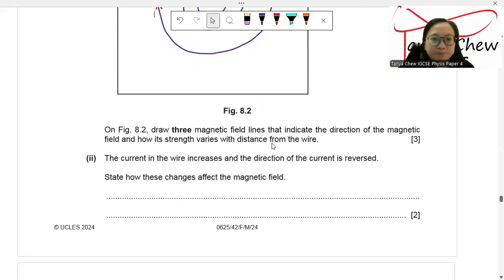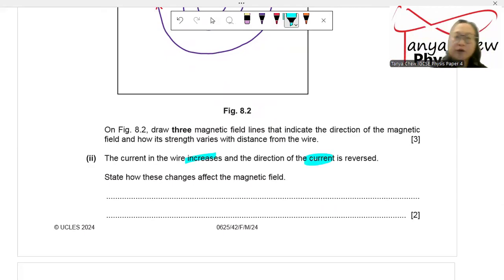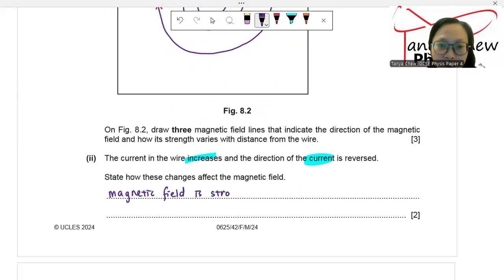Now the second part, the current in the wire increases and the direction of the current is reversed. Instead of current going into the card, current is coming out from the card. State how these changes affect the magnetic field. When the current increases, magnetic field is stronger, right?